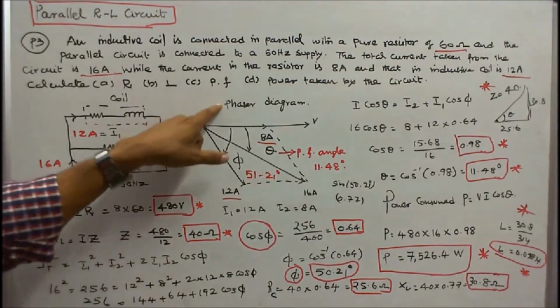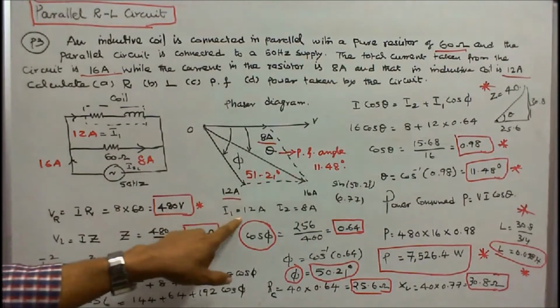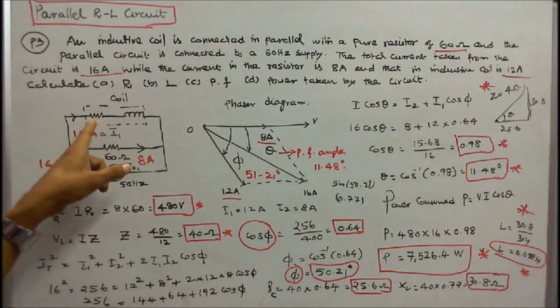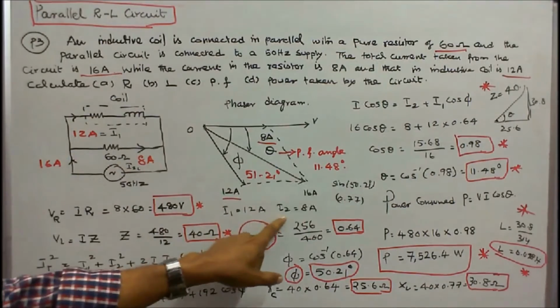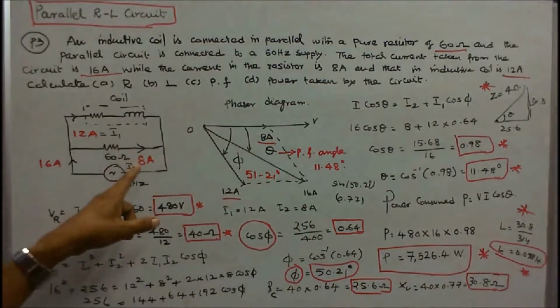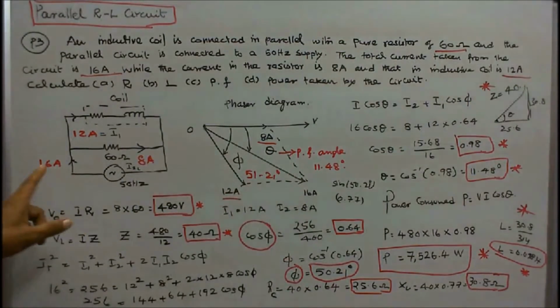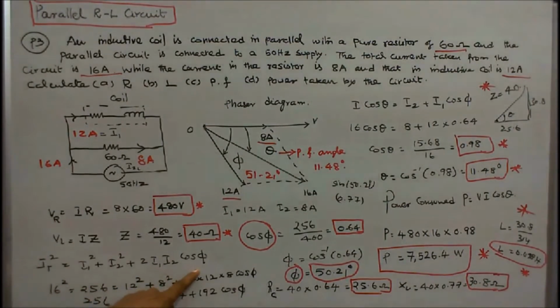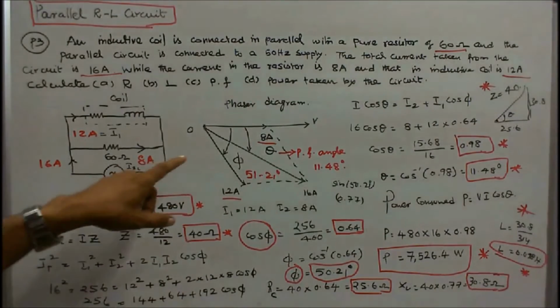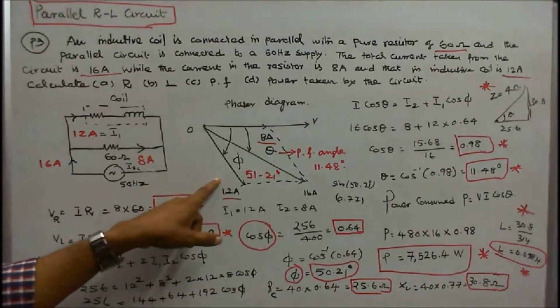This is a phasor diagram. Here I1 is equal to 12 amps. That is the current flow through the coil. I2 is equal to 8 amps. That is the current flow through the resistor. IT, that is the total current in the circuit, is 16 amps. IT square is equal to I1 square plus I2 square plus 2 into I1 I2 into cos phi. Phi is the angle between V and I1.